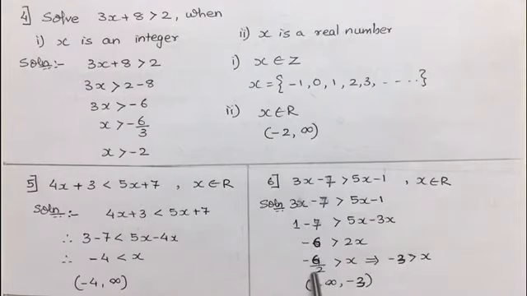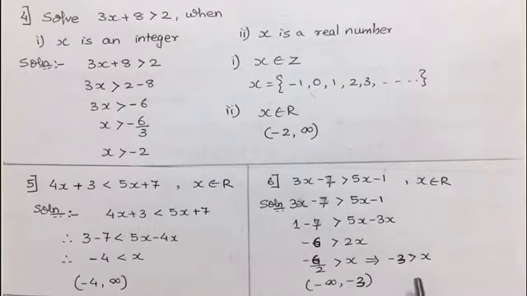Shifting to the other side, we get minus 6 divided by 2 greater than x, which becomes minus 3 greater than x. So we can say that x is less than minus 3.